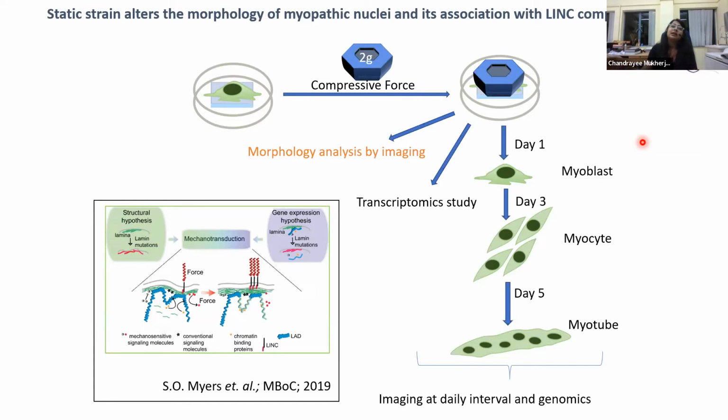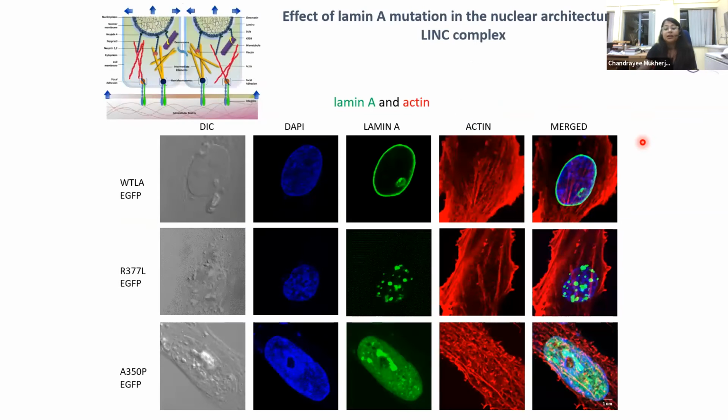We placed a weight on the cells, removed the weights after some time, allowed the cells to recover, and then stained the cells with actin proteins. And here, interestingly, what I saw is that the actins, in case of the mutations, showed a more branched structure.